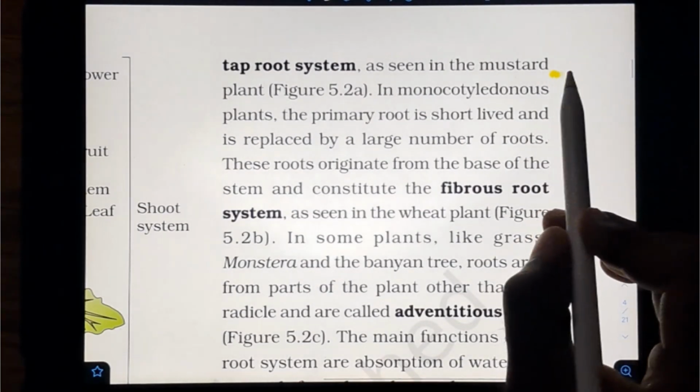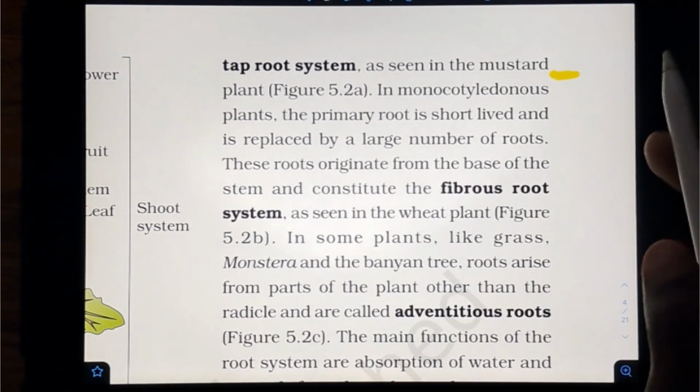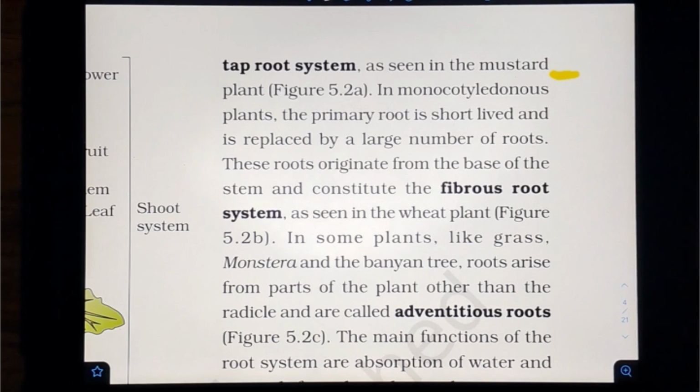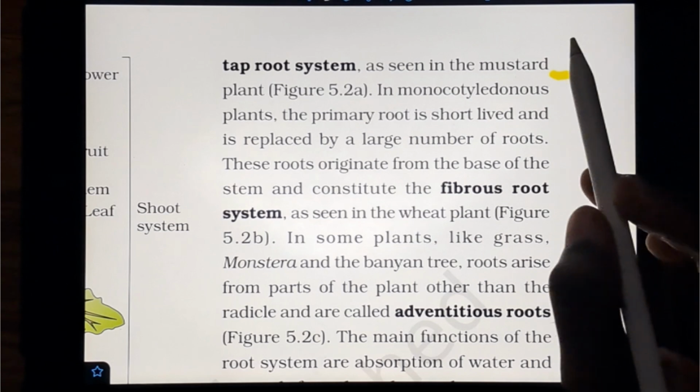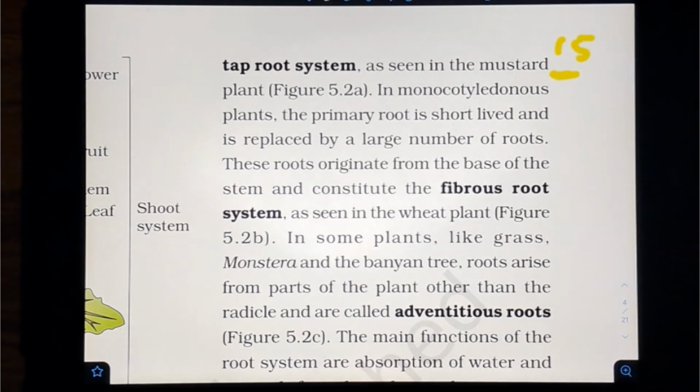Questions are asked based on these examples in this chapter. You should memorize these examples very well, otherwise it will be confusing, because mustard will come at least 15 times in this chapter. Take a book or a piece of paper and write these examples aside, like taproot system is present in mustard.